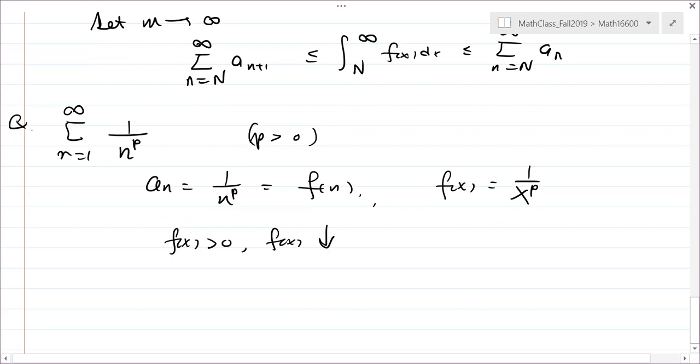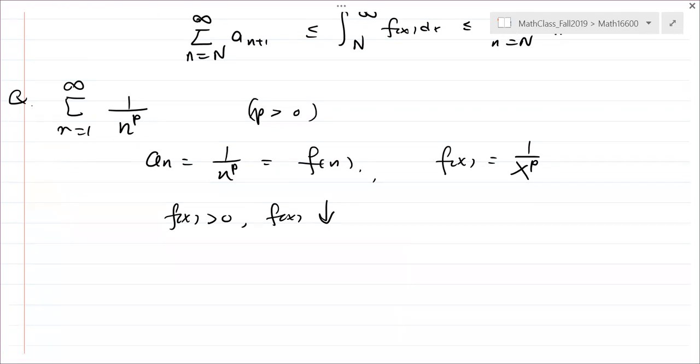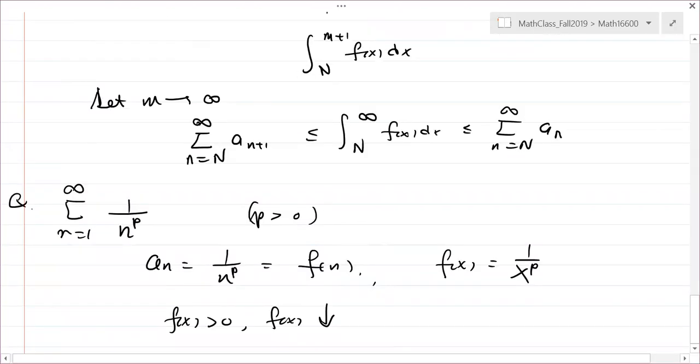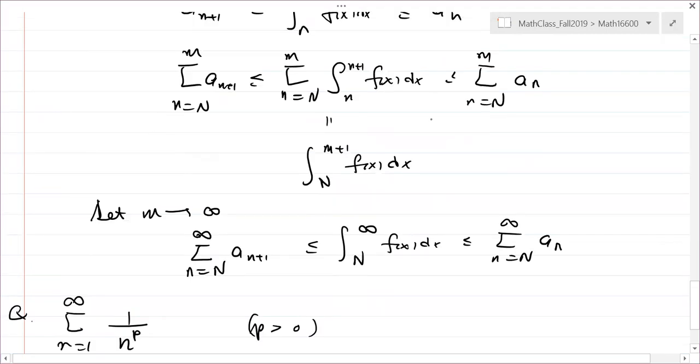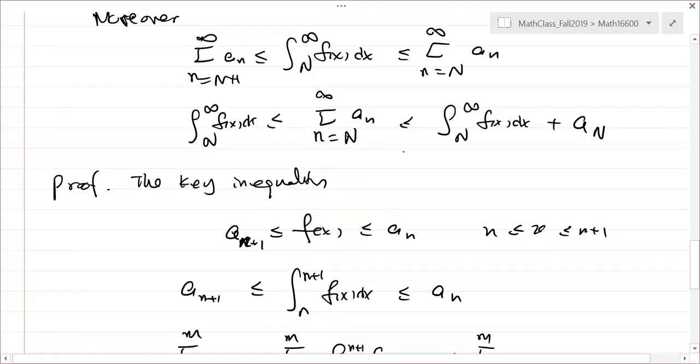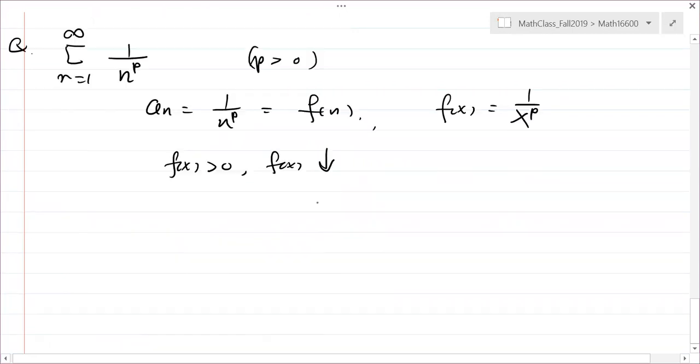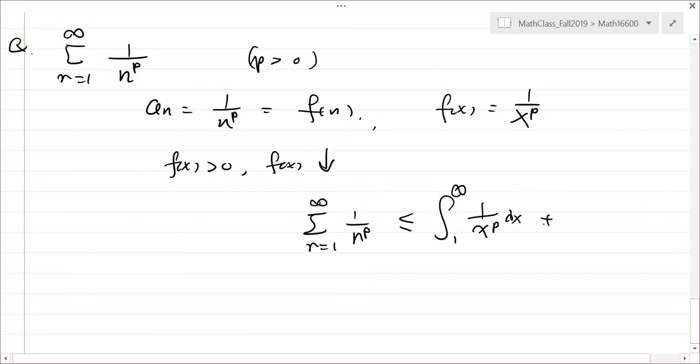So we get capital N equal to 1. If I use the inequality above, you will see that capital N is 1. So what I get here is the sum from n equals 1 of 1 over n^p is less than or equal to the integral from 1 to infinity of 1 over x^p dx, plus the first term, which is just 1 over 1 to the power p, and greater than or equal to the integral.